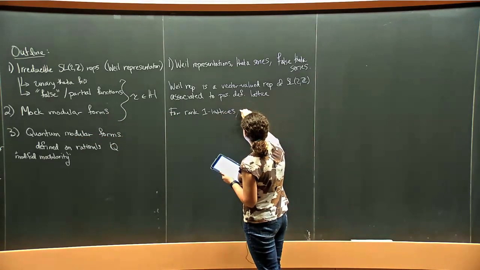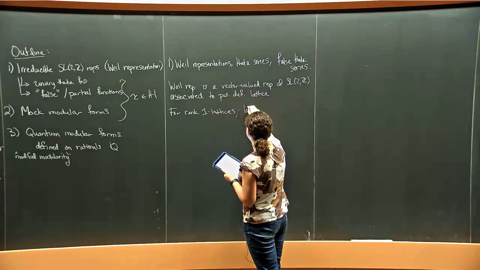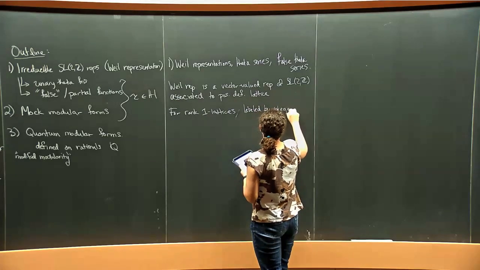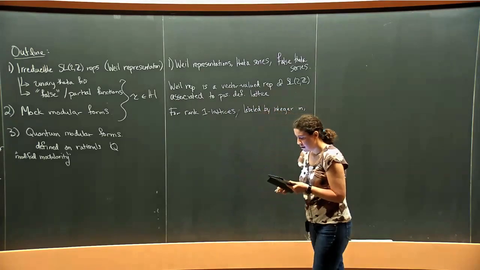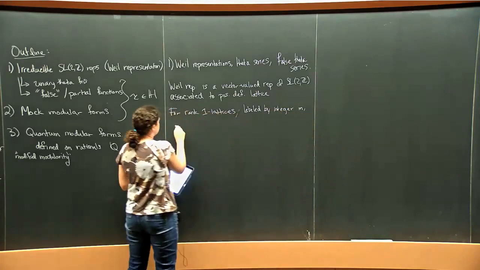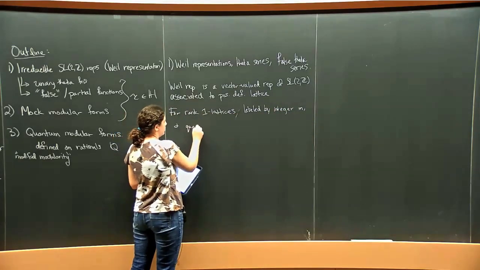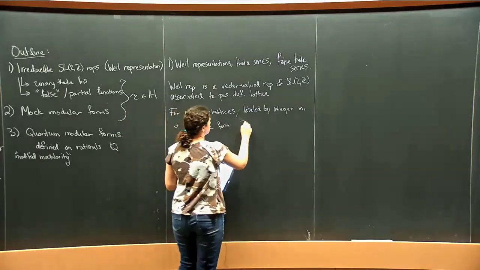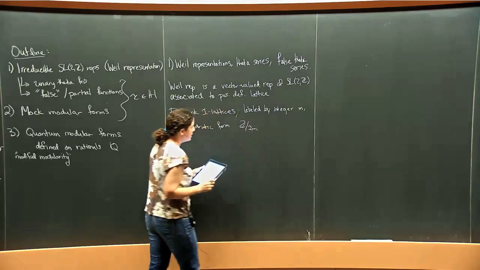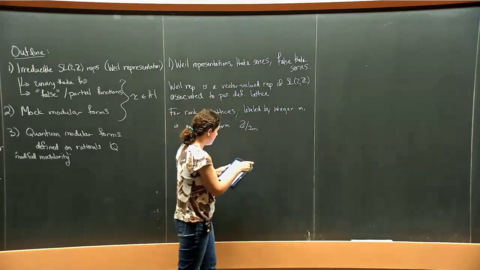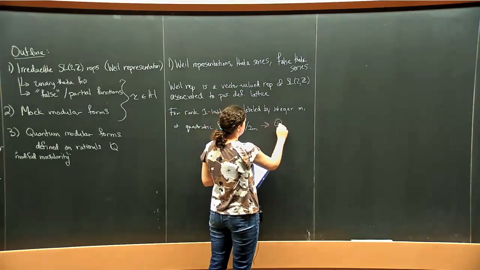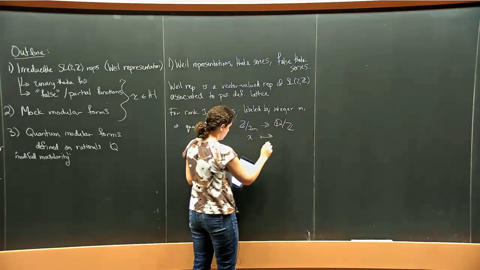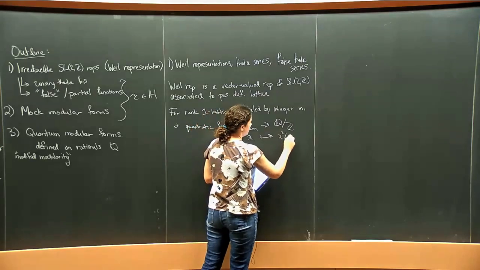So we'll label them by an integer m and a quadratic form, which takes elements from Z mod 2m to the rationals mod Z and maps an element x to x squared over 4m.